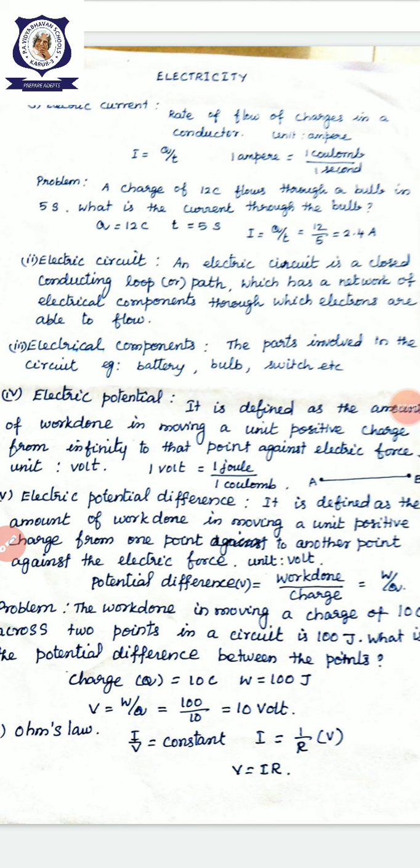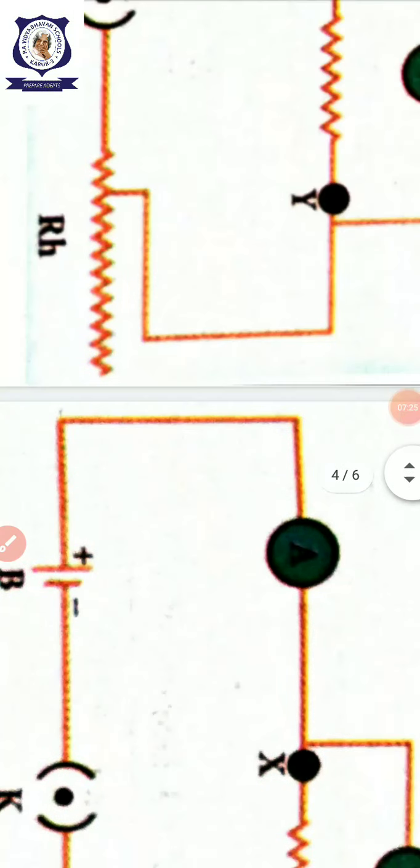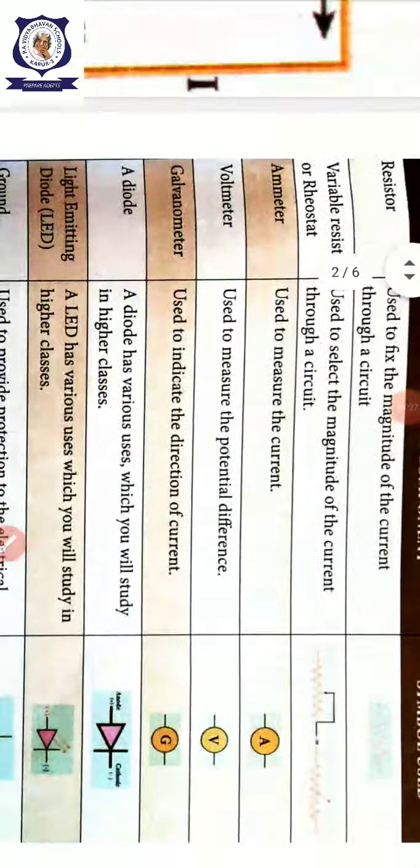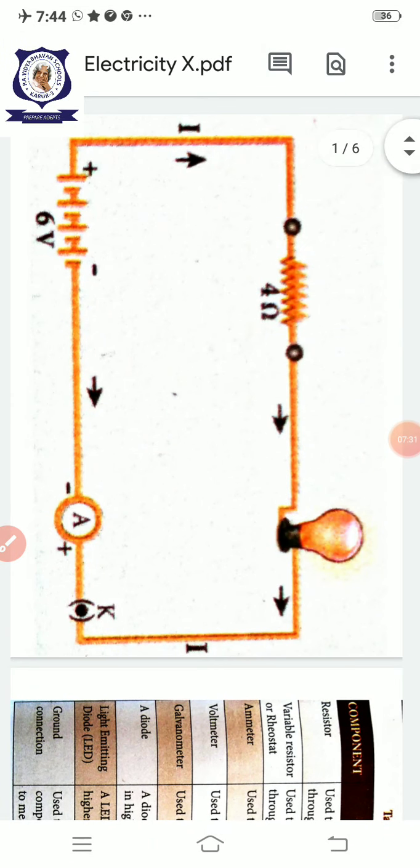So, an electric circuit is a closed conducting loop or path which has a network of electrical components through which electrons are able to flow. Is it clear? Here let us see a circuit.